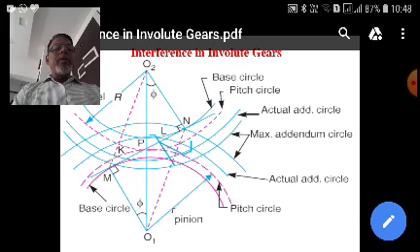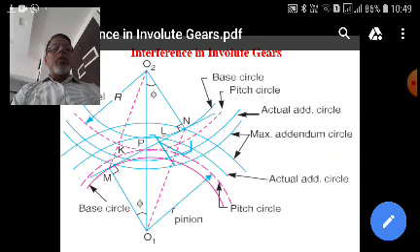If you see the addendum circle of the pinion, it intersects the common tangent MN at point L, and the actual addendum circle of the gear intersects it at point K. Now this K to L is called the length of path of contact, and out of that, KP is the length of path of approach, and PL is the length of path of recess. So addition of these two gives you the length of path of contact.